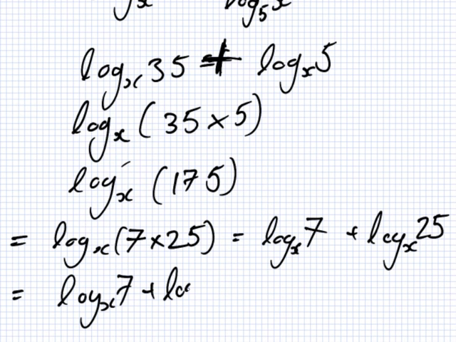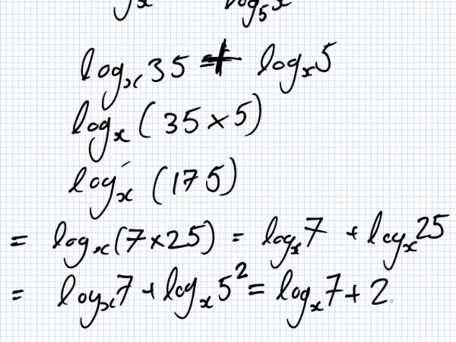It's log x of 5 squared, and the 2 comes down in front. So you have log x of 7 plus 2 log x of 5. So these numbers are smaller than the original, but I wouldn't really say it's simpler.